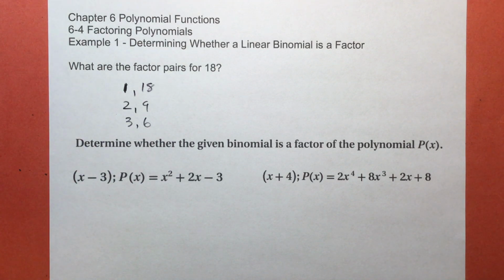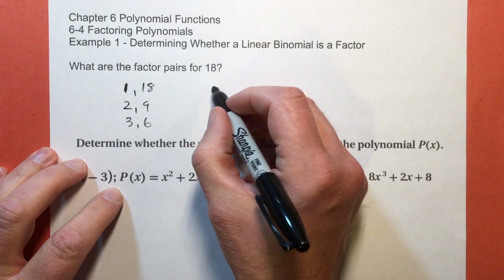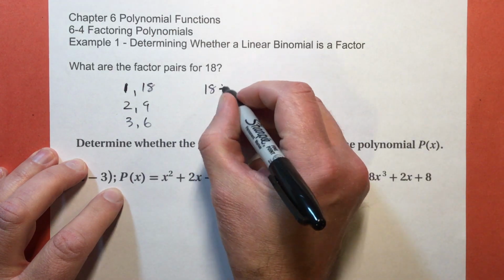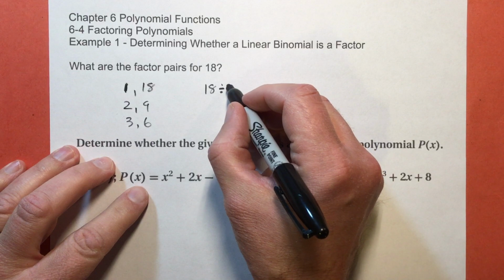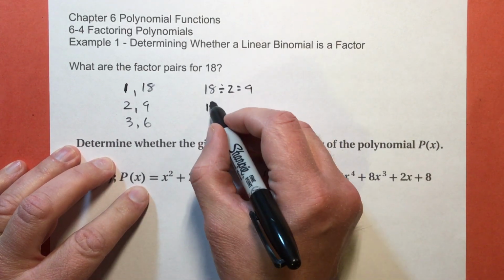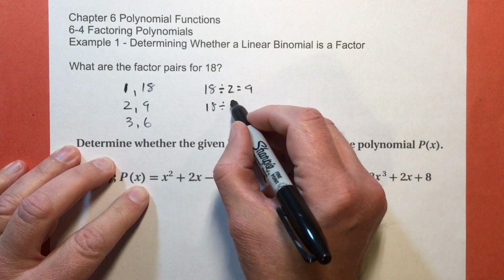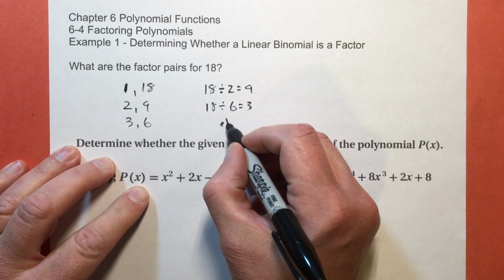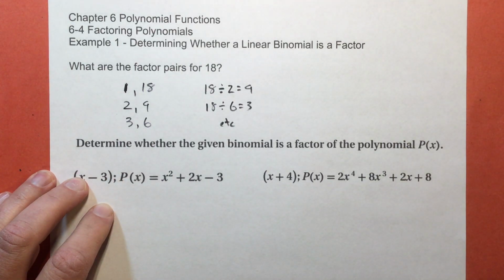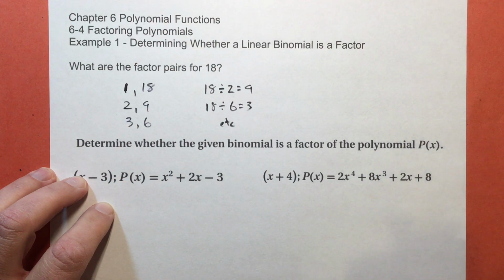Now, what happens if I take 18 and divide it by any of these numbers? So 18 divided by 2 equals 9. Those are the factor pairs. 18 divided by 6 equals 3, etc. You're okay with that. But this is going to be the idea that we're going to get into, and I'm going to explain it by showing you what it's not.